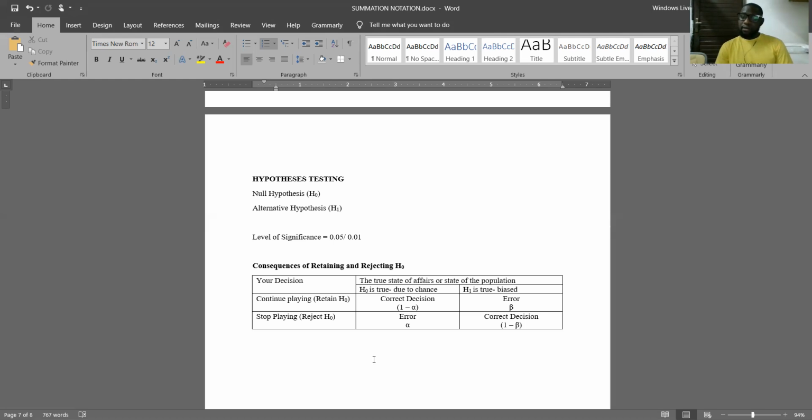So that's the rationale. It means that for errors to be low, sample size matters. When I say sample size, it means the total number of people you've selected within the population to represent your study.